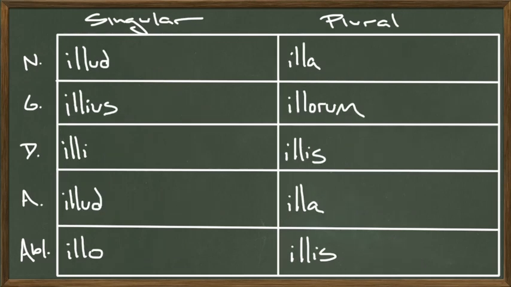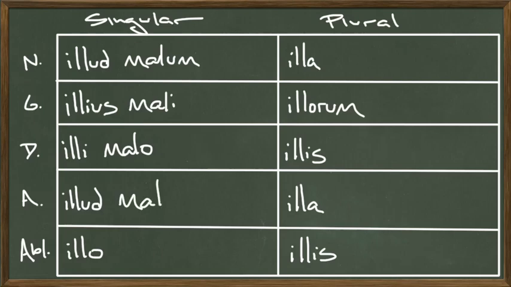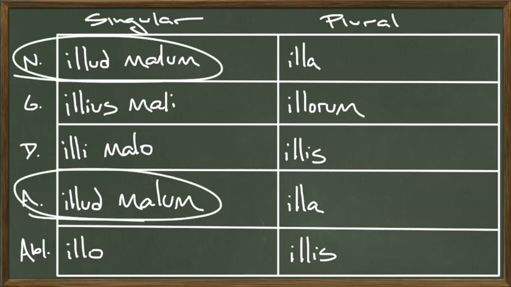And finally, let's go through a neuter noun with a demonstrative pronoun. Let's use apple. So, illud malum, that apple. Illius mali, of that apple. Illi malo, to that apple, if we're giving a gift to the apple or giving something to the apple or perhaps telling a story to the apple. That whole thing sounds weird, but grammatically it works. Illud malum. Remember that whatever happens in the nominative in Latin happens in the accusative.